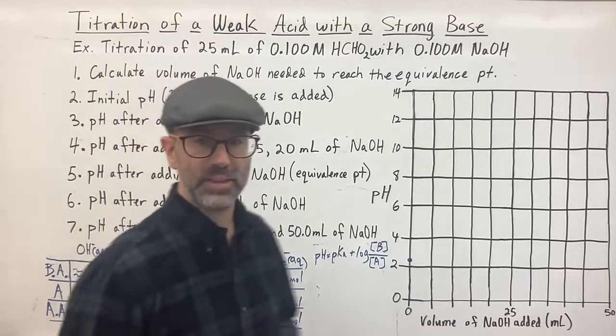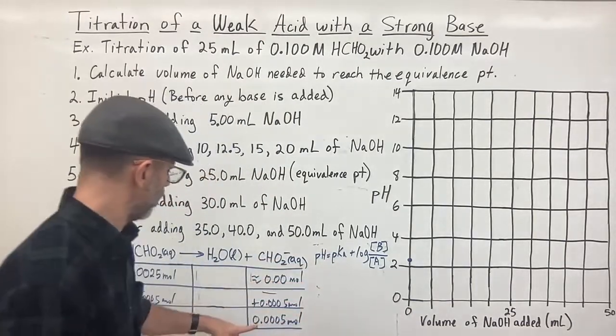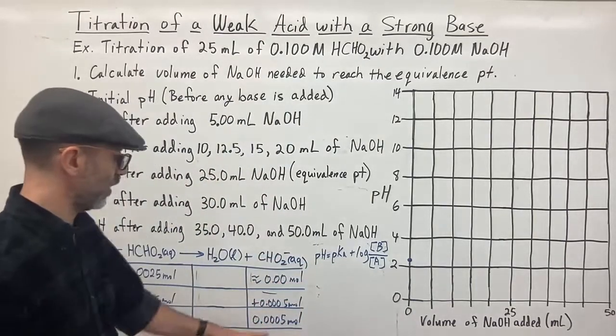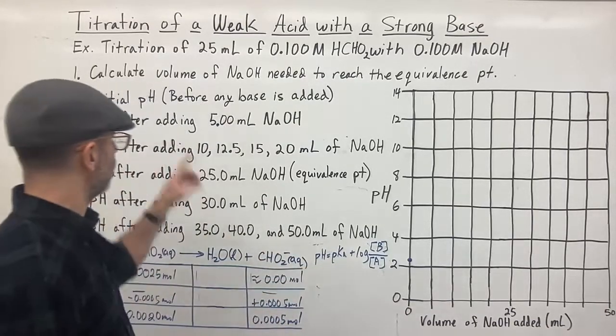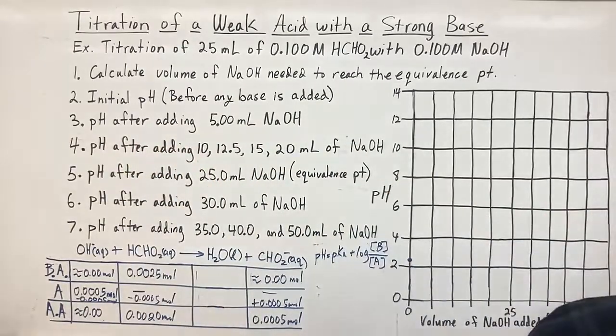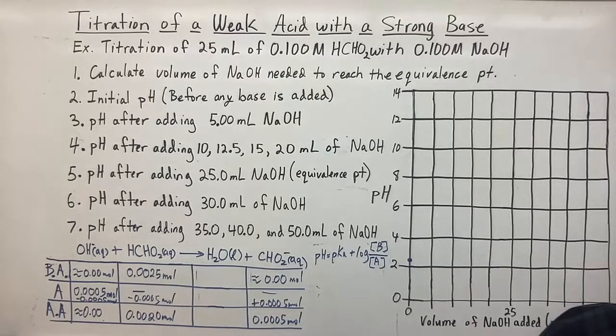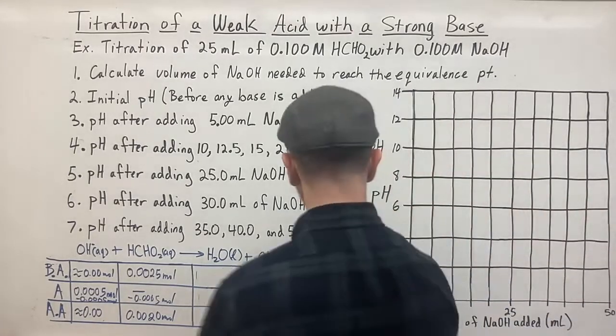So at this point, we can now use the moles, plug the moles in, and calculate the pH at 5 milliliters. So let me see what the pKa is. The pKa of our substance is 3.74.